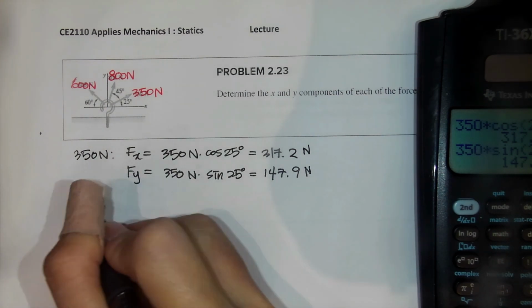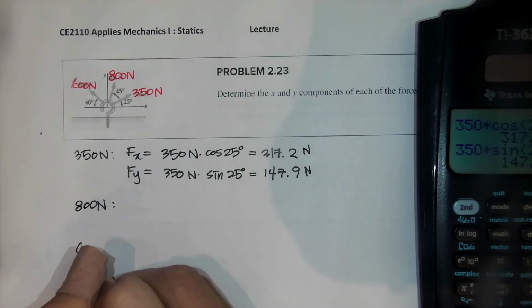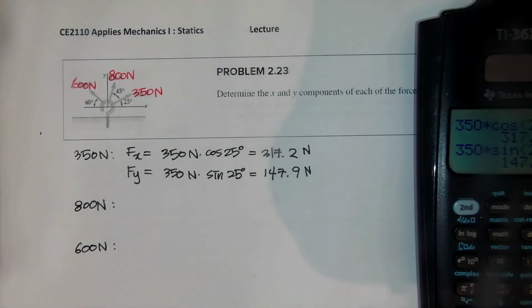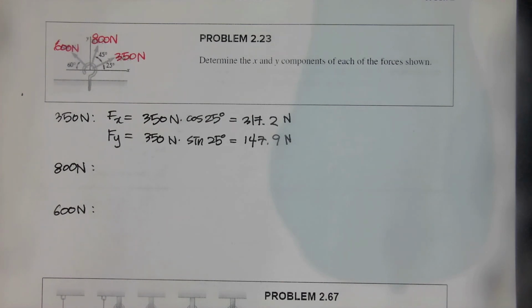And then please go ahead with 800 Newton and 600 Newton, and then let's compare it together. So during the problem solving, I also encourage you to discuss with your peers and solve problems together, okay? And if you have a question, our TAs will walk around, so you can stop them.